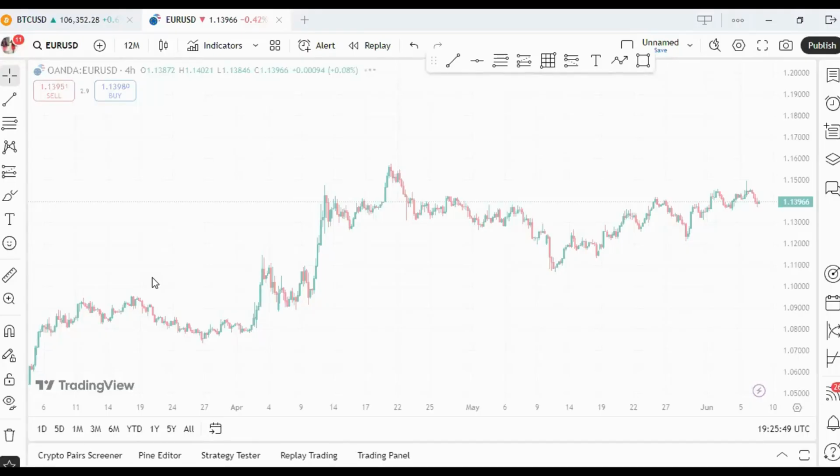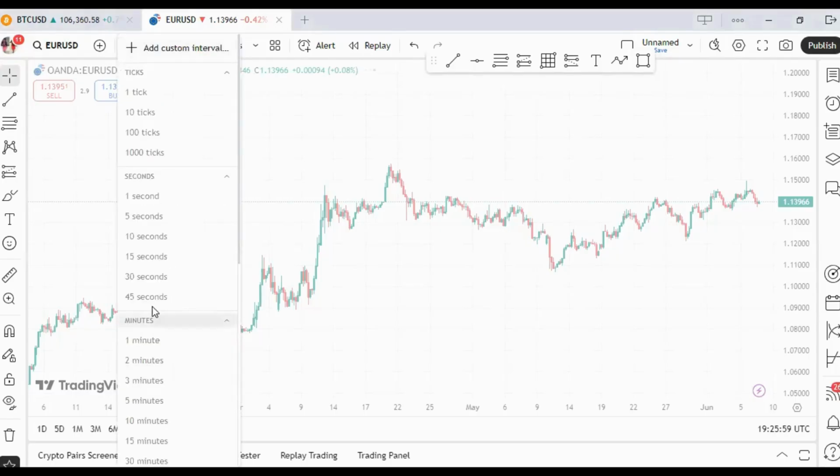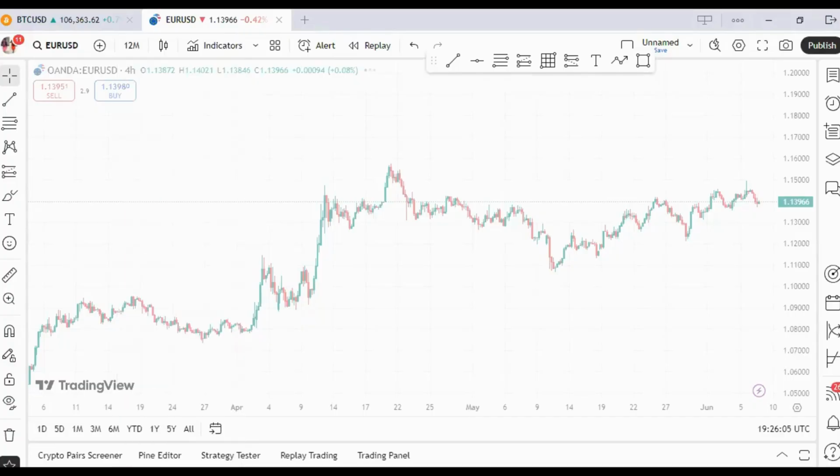I think this is from TradingView. I think TradingView is playing tricks on me. Sorry, guys, I'll have to shut this down.